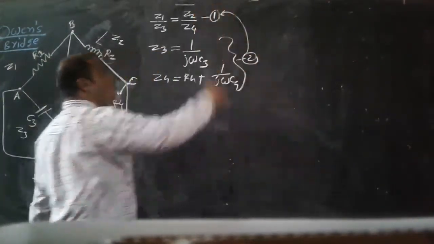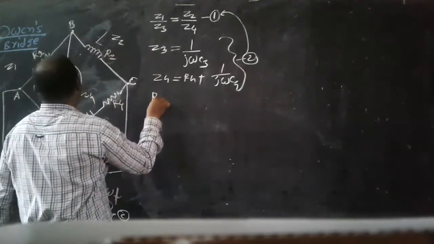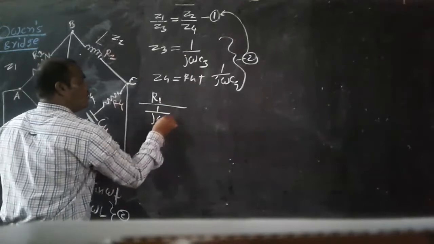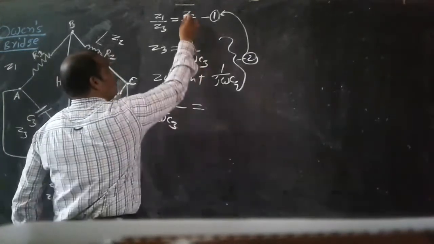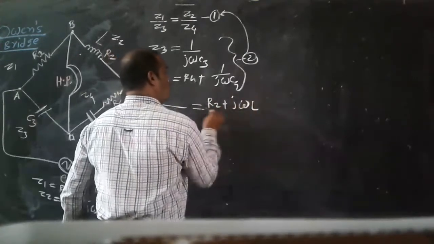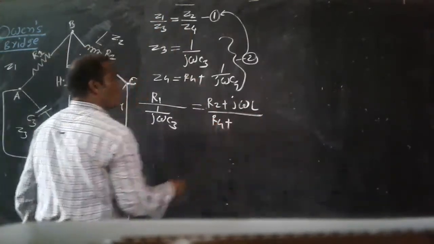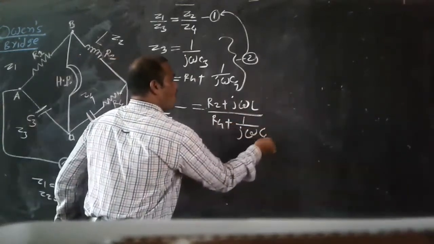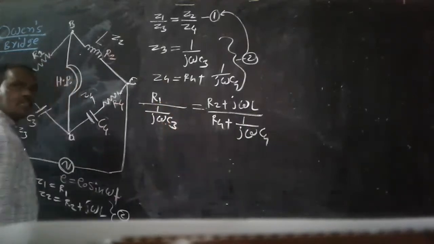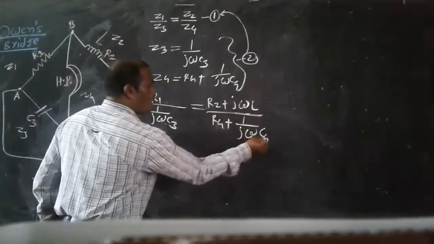Put equation 2 into equation 1. So we get Z1, that is R1, divided by Z3, 1 upon j omega C3, equal to Z2, that is R2 plus j omega L, divided by Z4, that is R4 plus 1 upon j omega C4.